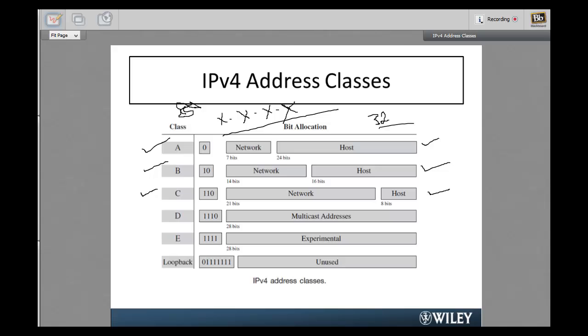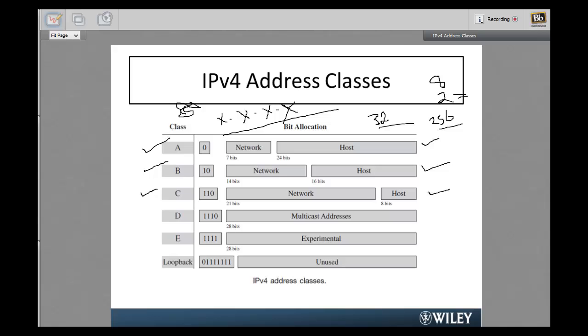If you want to know how many devices you can have in 8 bits, you calculate 2 to the power 8 and see the hosts available. It has only 256 hosts. This is for class C, so that's why they say it's for small networks.